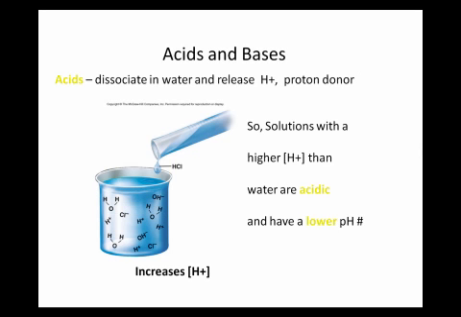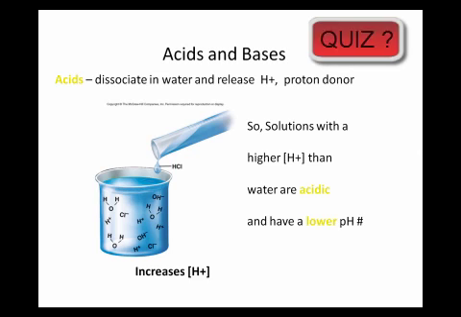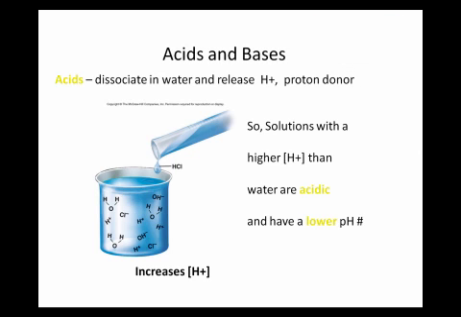An acid is something that will dissociate in water. That means it's going to come apart. And when it comes apart, it releases a proton. Now, I use this symbol there, H+, to represent a proton. H+ is a hydrogen nucleus. If you remember, the atomic number of hydrogen is 1.